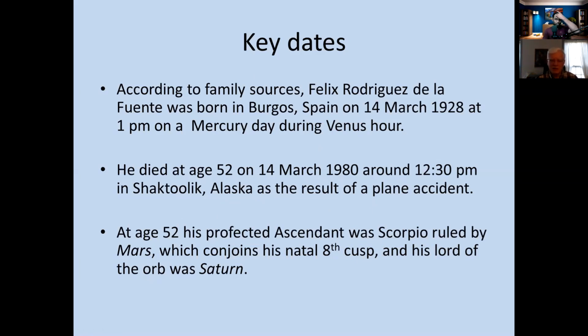And his Lord of the Orb, which I think Ben put in his newer book on solar returns, is a really interesting technique. Interestingly, Ben didn't have it in his Latin translation, although it was available in the Latin literature in other places. And I know astrologers in Spain and Italy have been using it for several years.